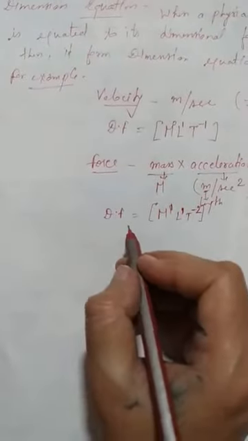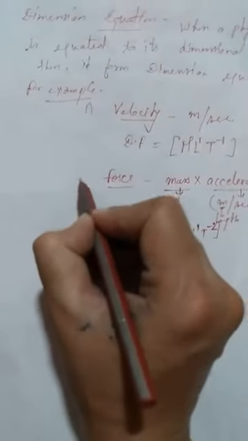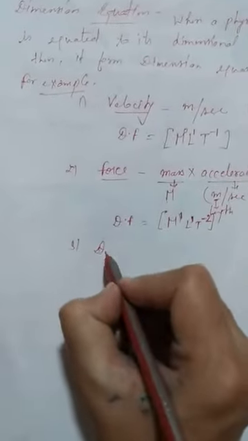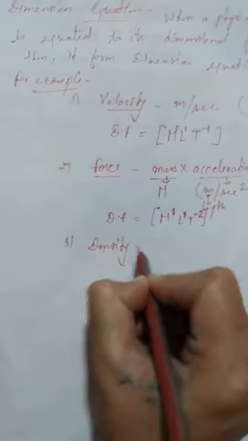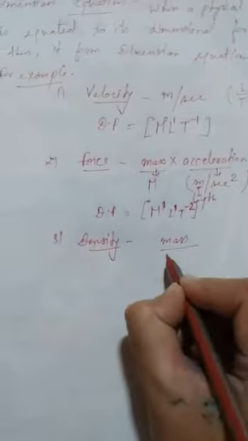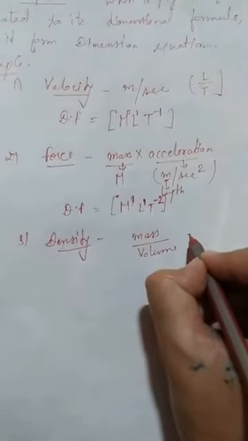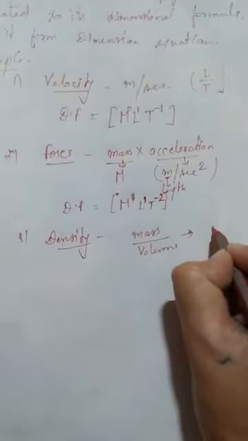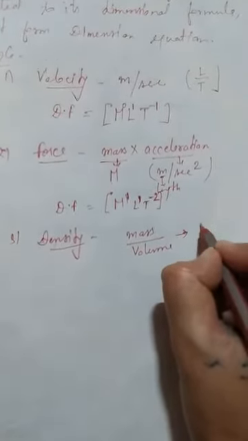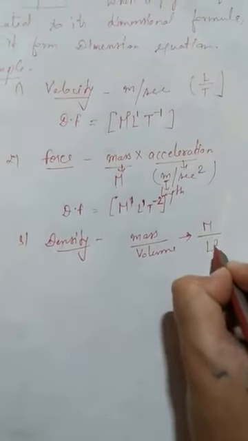Again, another example, density. Density is mass per unit volume. The SI unit is kg divided by volume, and volume is length cube.